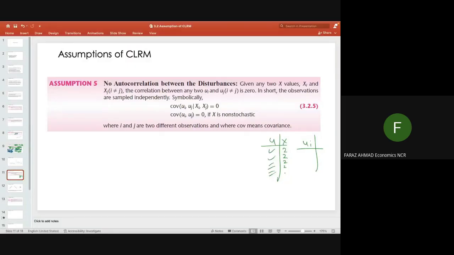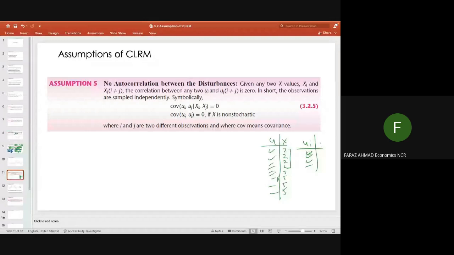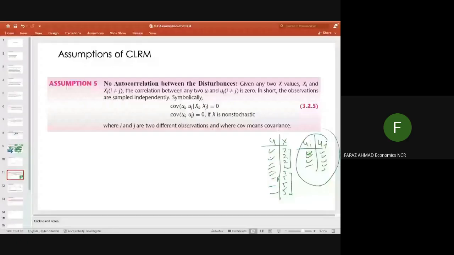So there are some X values, 2, 2, 2, 2, and then 5, 5, 5, 5. So there are two values of X, 2 and 5. If you take all the U's corresponding to 2 and call them UIs, and then you write another set of U's where X was 5, and you place all those U's here, and then if you find the covariance between the two sets of U's, it should turn out to be 0.